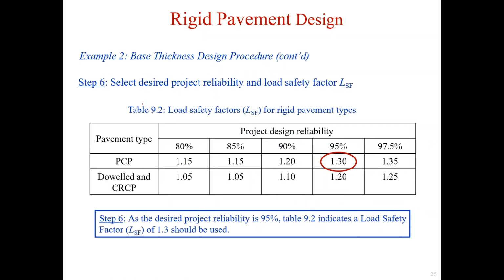Step 6 is to select the desired project reliability and load safety factor, LSF. As the project reliability is given as 95%, and we chose PCP, from table 9.2, we found a load safety factor, LSF, of 1.3 for the rigid pavement design.